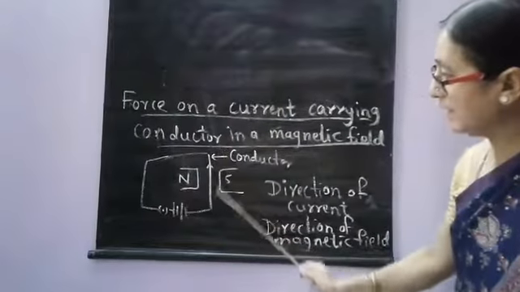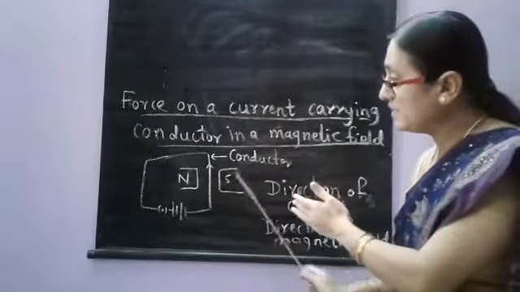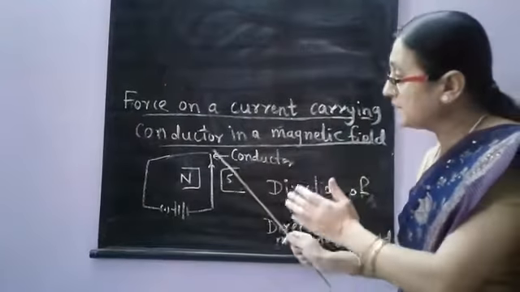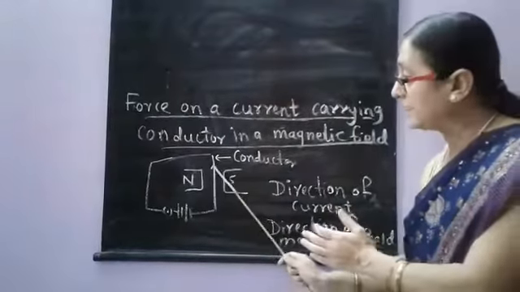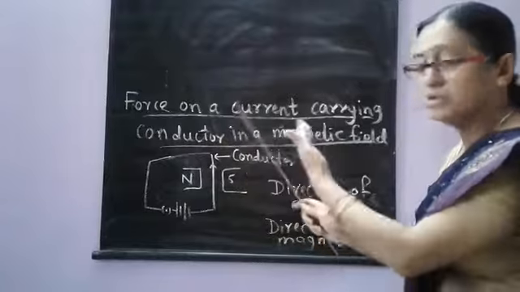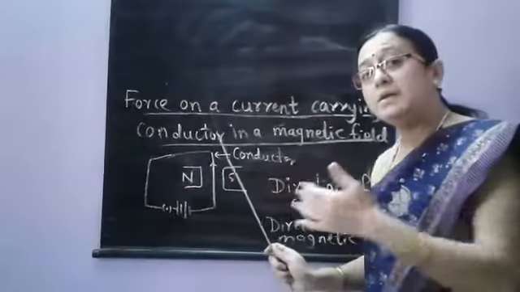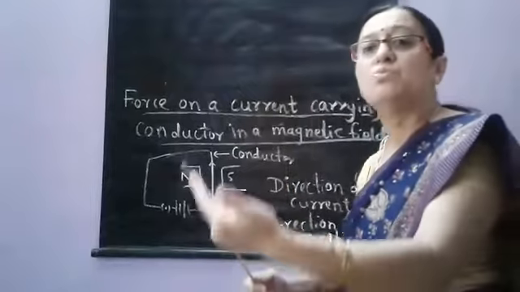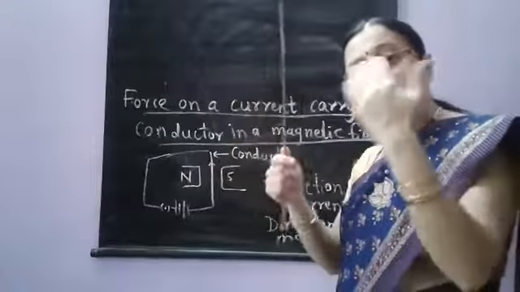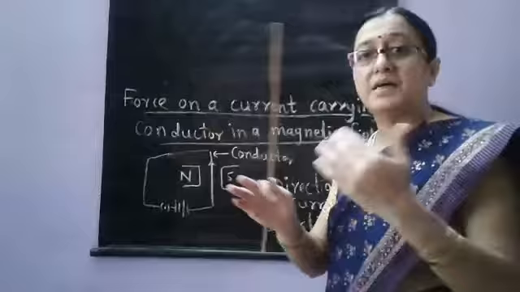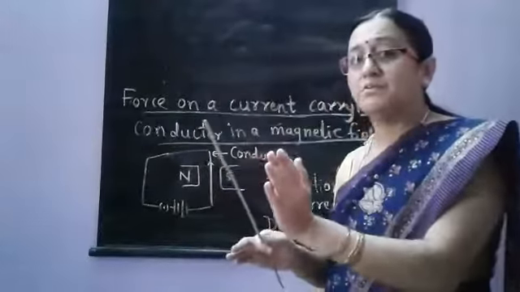Now when a current carrying conductor is placed in a magnetic field, a force is applied on the conductor and the conductor will tend to move by itself. So that property by which an object continues to move unless a force is applied on it, what is it called?